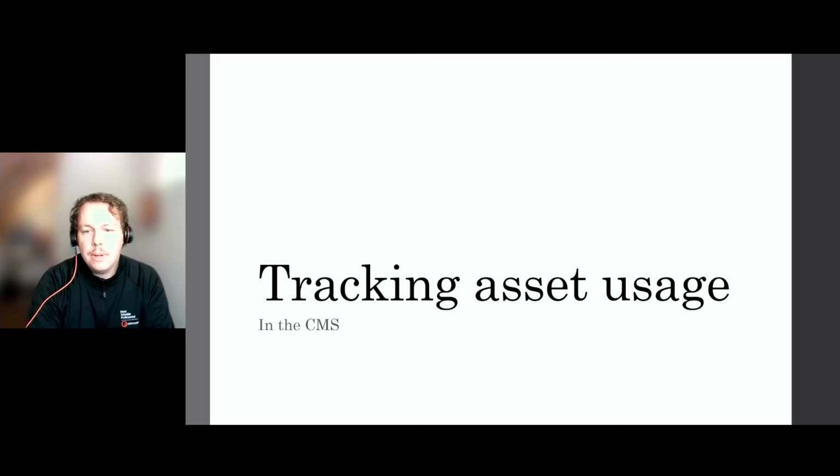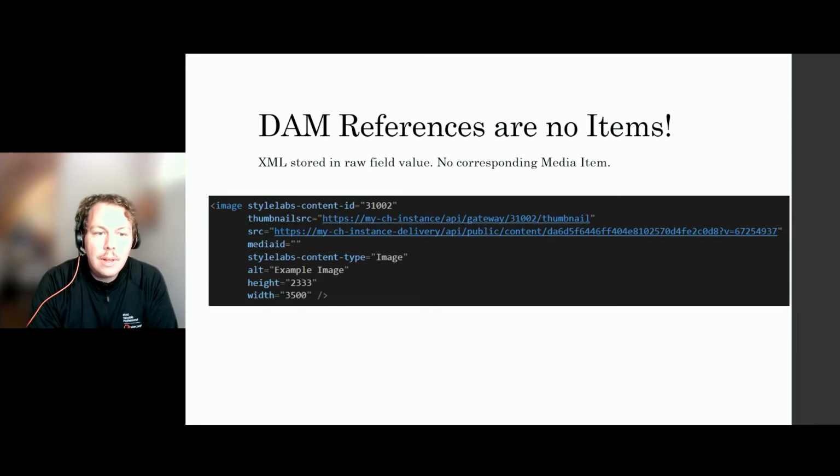So this leads me to our first customization that we could do: how can we track asset usage? First thing we need to understand is how Sitecore stores these assets within the CMS.